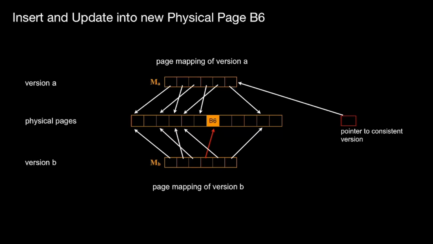Then what you do is, okay, now this arrow, which previously pointed here, now points to some new physical page. That's a copy of the old page. Basically, you copy over the old contents, and then you modify that page. But from the point of view of this transaction, it doesn't even notice, because the logical ID is still the same.